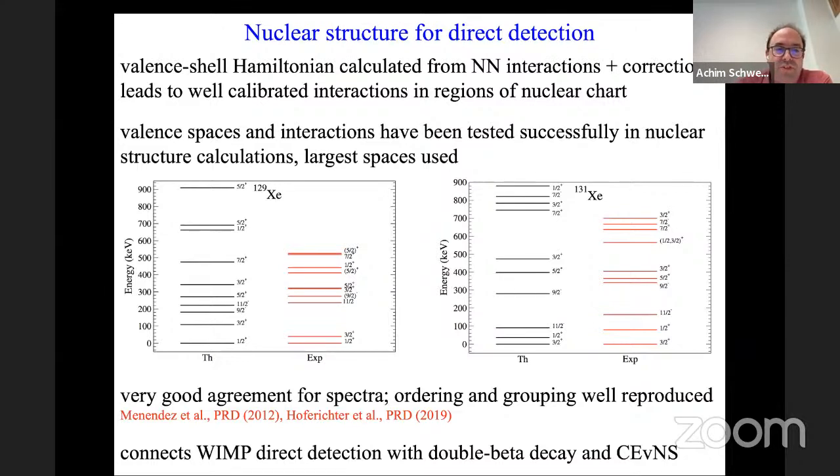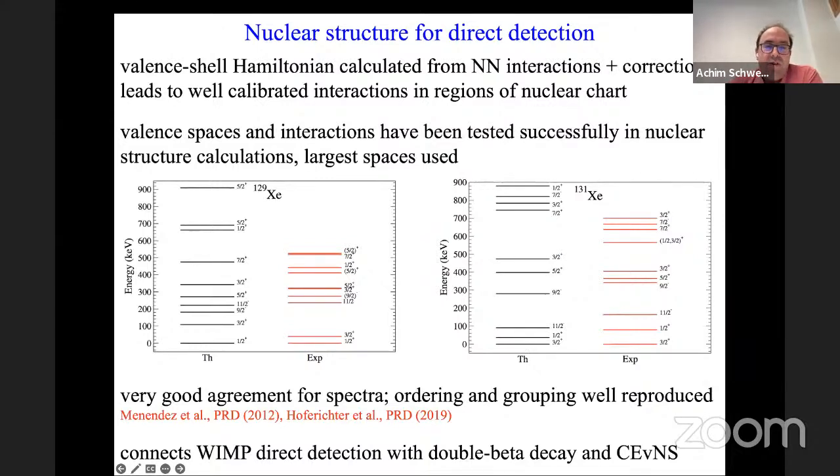As a first test, we can compare the calculated spectrum to experiment. This is now for the odd-mass xenon isotopes, xenon-129, the calculated spectrum compared to experiment, and xenon-131, calculated spectrum compared to experiment. You can see that in general the ordering of states and the grouping, 2, 4, or here 3, 3, 3, 3, is very well reproduced.